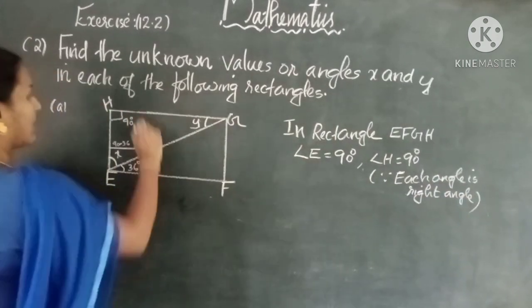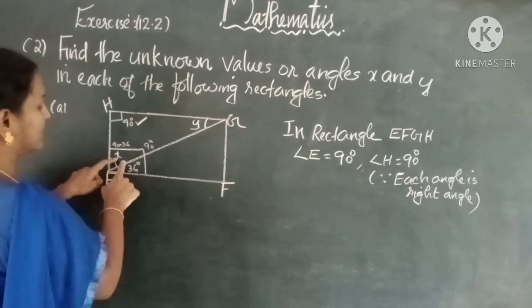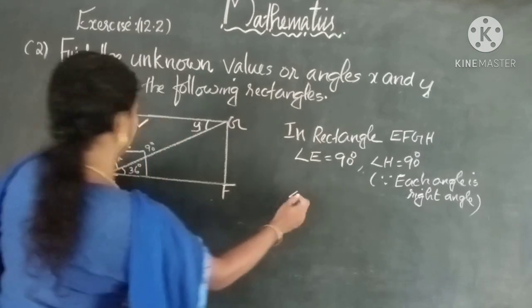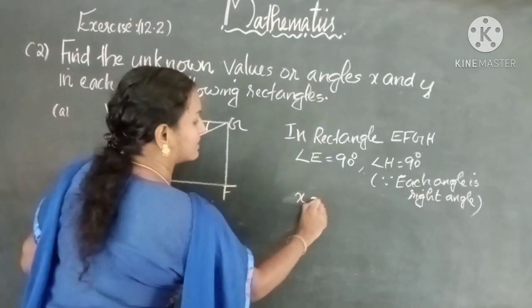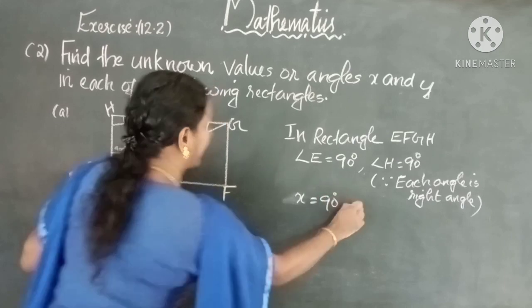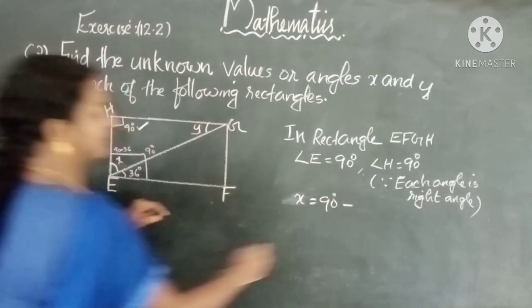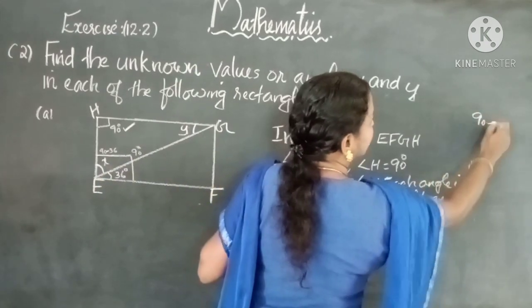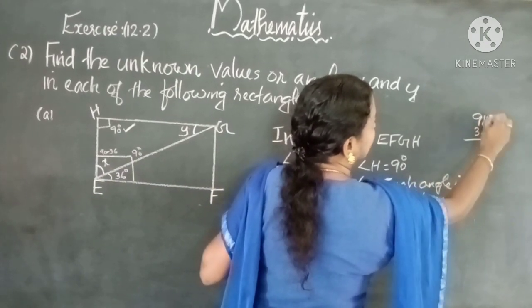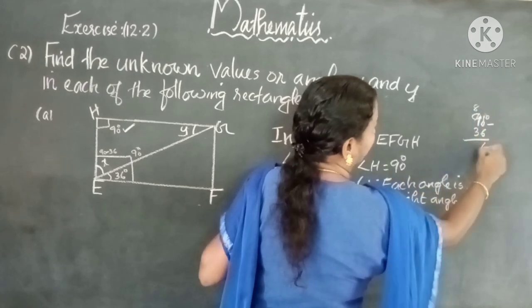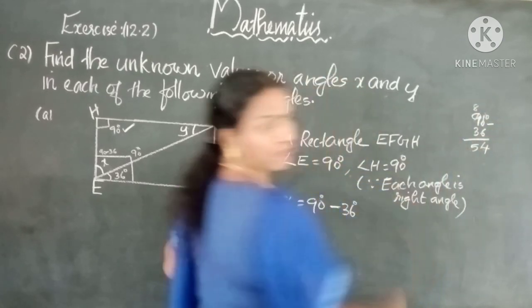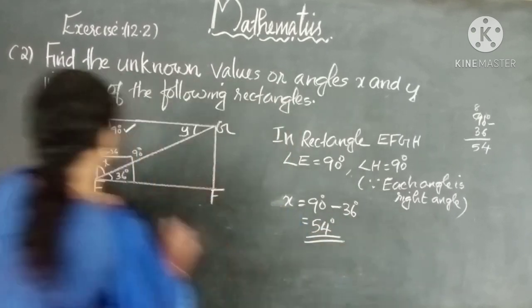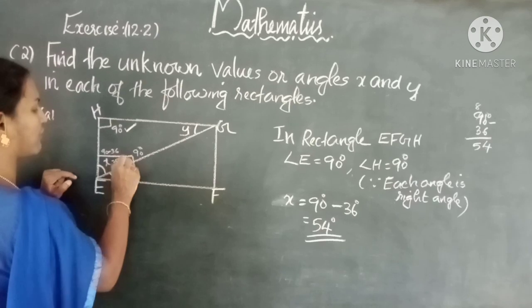Then angle x is equal to 90 minus 36. 10 minus 6 is 4, 8 minus 3 is 5, so 54 degrees. So angle x is equal to 54.